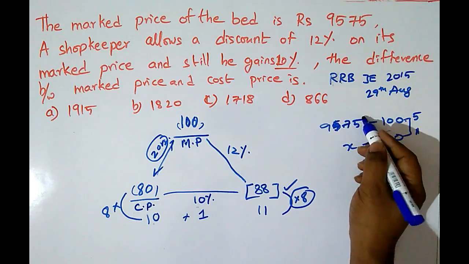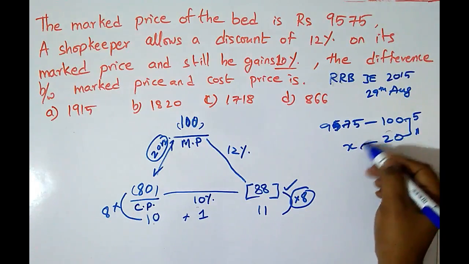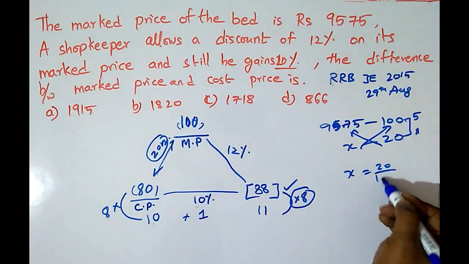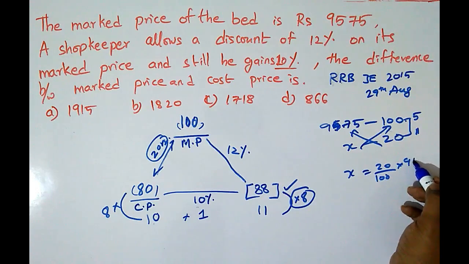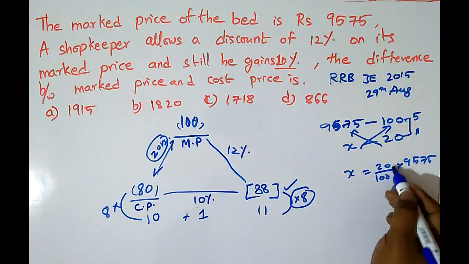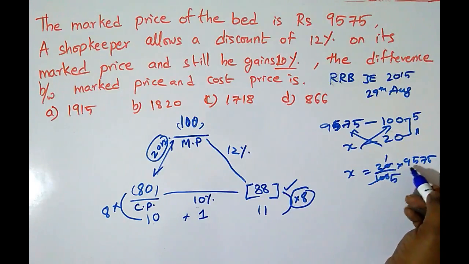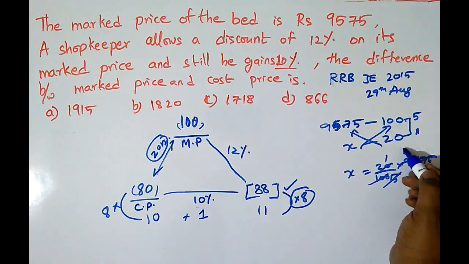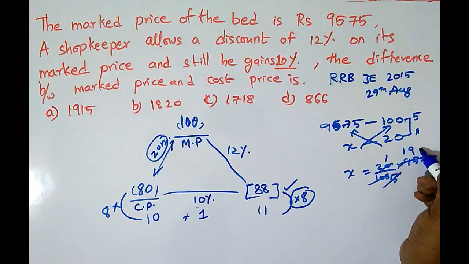So friends, we will just divide it by 5 or cross multiply. X is equal to 20 by 100 into 9575. All of it will be reduced to 1 by 5 into 9575. It is 9, 5 ones are 5, 5 nines are 45, 5 15s are.